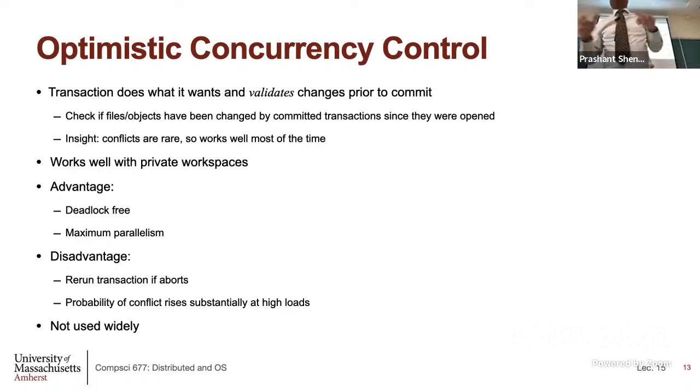So when different users and their transactions are touching different parts of the database, conflicts will be rare. Most of the time you will end up in a new consistent state and you did away with the locking. But when you detect a conflict, you got to actually undo the transaction.